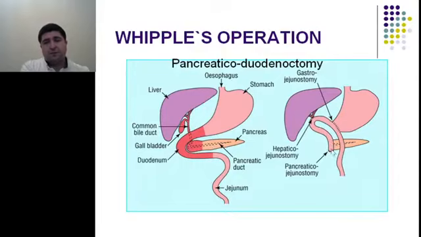We do a duodenum-pancreatic anastomosis. So we apply an anastomosis between the duodenum and the preserved part of the pancreas. We do a choledochojejunostomy, and an anastomosis between stomach and jejunum. This is Whipple's operation.